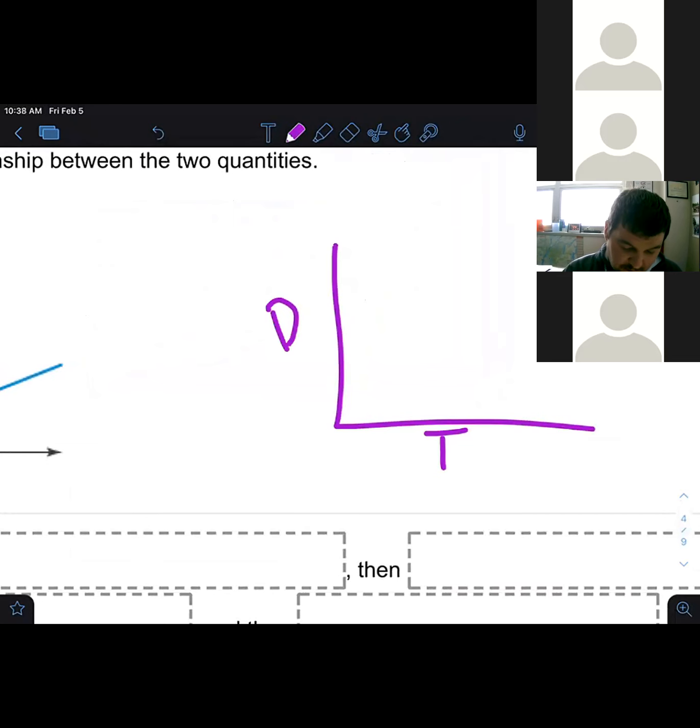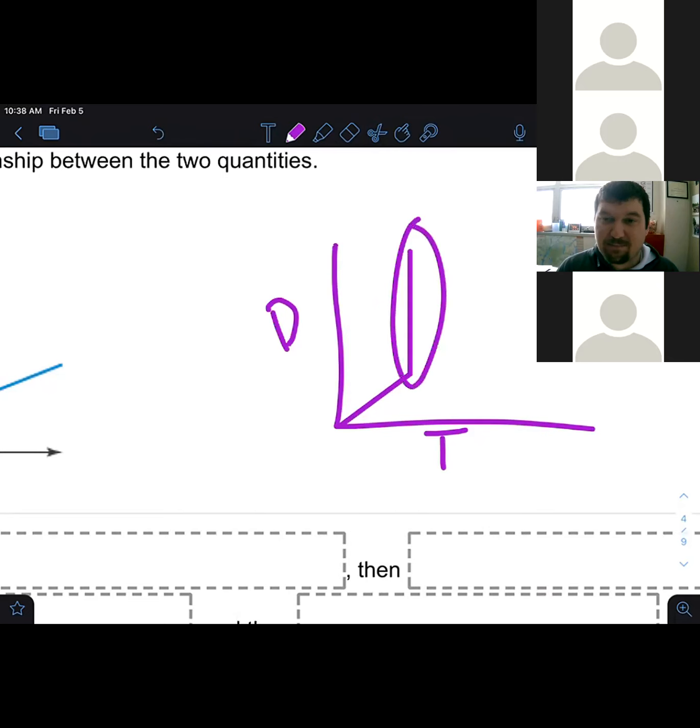The reason is that would mean no time has passed, and all of a sudden you're at a completely different location. That means you would have teleported, and that technology doesn't quite exist yet. So you won't see that on a distance over time graph.